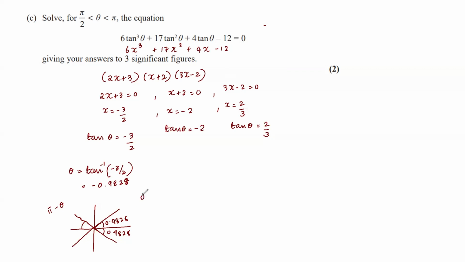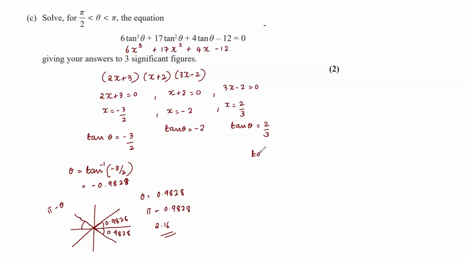So theta, we have this as 0.9828. So pi minus theta will be pi minus 0.9828. So that will give you 2.16, which will be one of your answers.